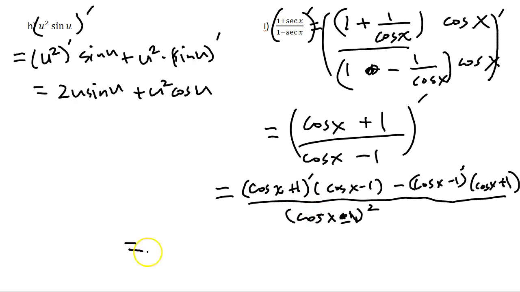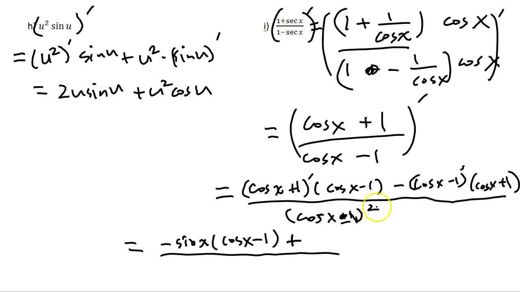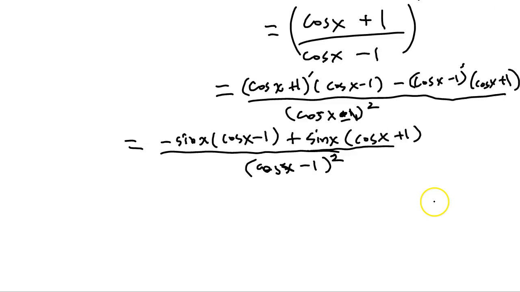Okay, and therefore cosine differentiates to negative sine, and again here cosine differentiates to negative sine, so it's plus sine, over the bottom squared. You can distribute this and you'll see some of these terms cancel. But let's not simplify algebraically. We'll just continue on.